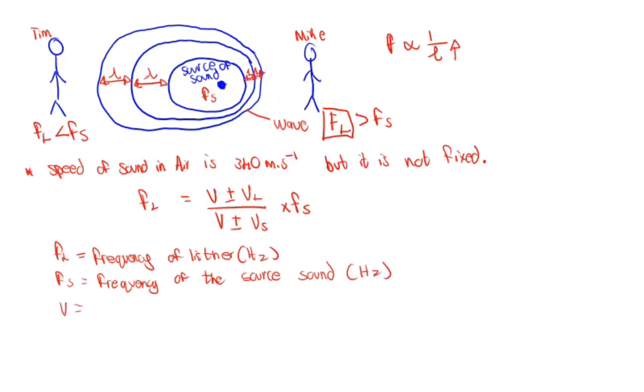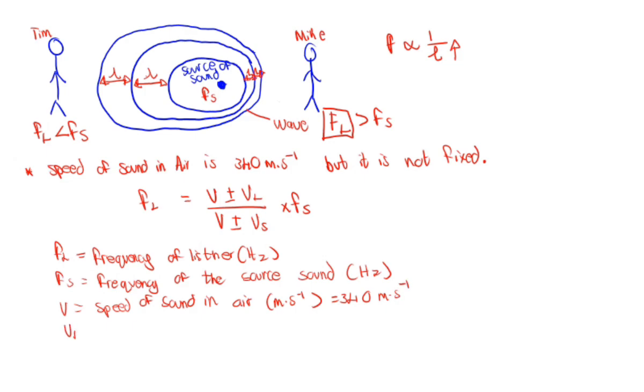V is the speed of sound in air, which is measured in meters per second. And if not given the speed of sound in air, we assume that it's 340 meters per second, right?